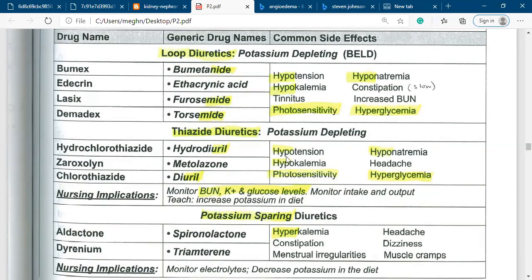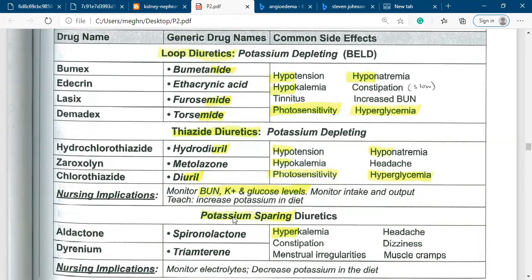So what you have to educate your patient, what you have to teach: if your patient takes loop diuretics or thiazide diuretics, tell them to eat food containing potassium. But if your patient has to take potassium sparing diuretics, tell them not to eat food containing potassium.